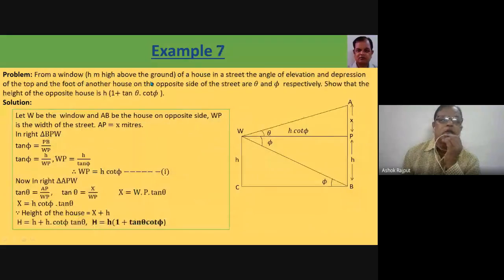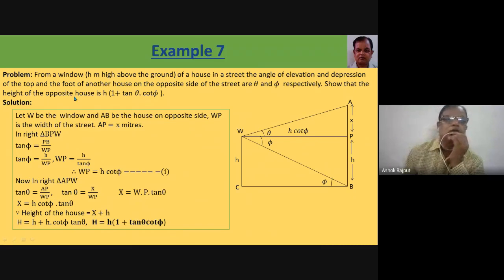From the window h meter high above the ground of a house in a street, the angle of elevation and the depression of the top and the foot of another house on the opposite side of the street are theta and phi respectively, so that the height of the opposite house is h into 1 plus tan theta into cot phi.